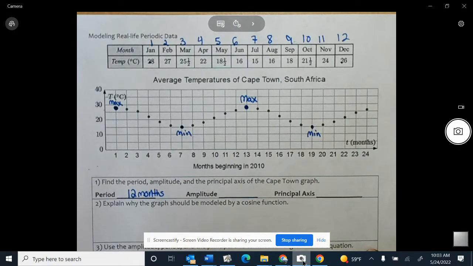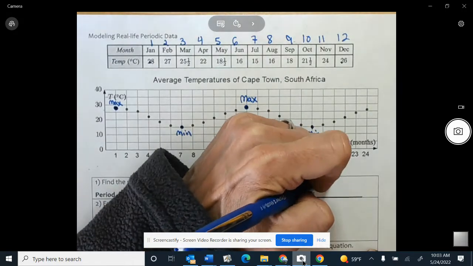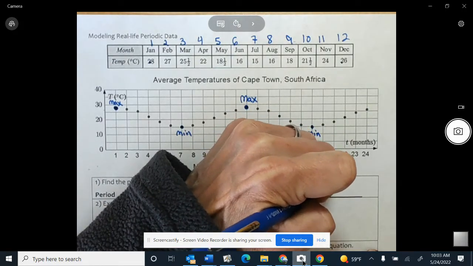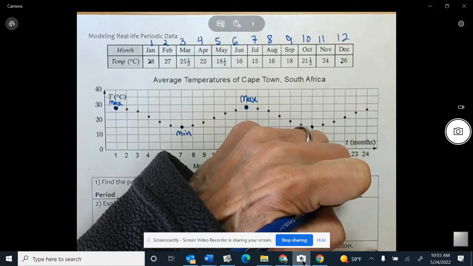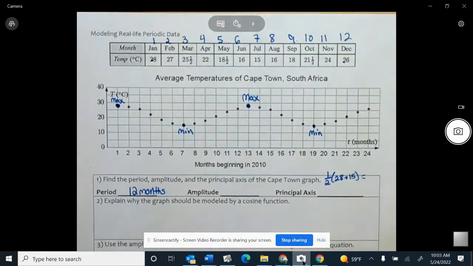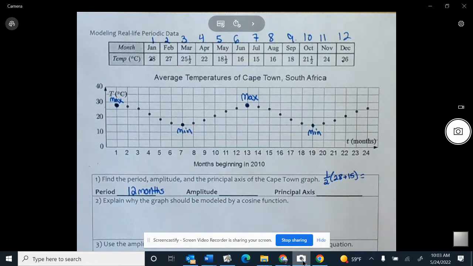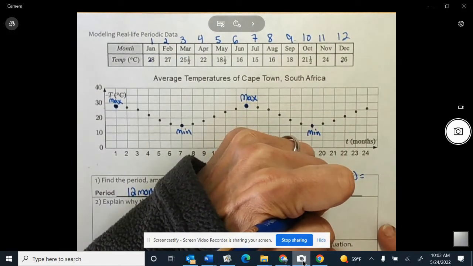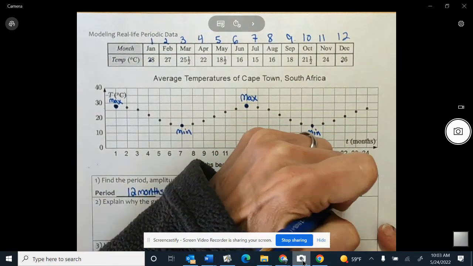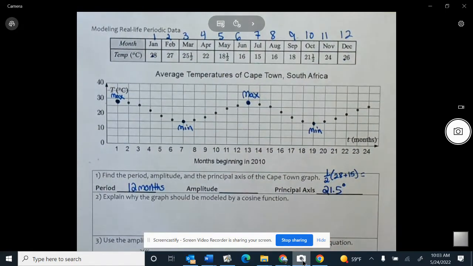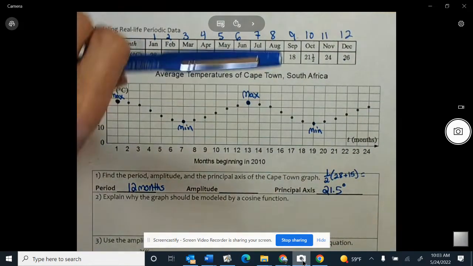So I'm going to use 28 and 15, finding the average of 28 and 15. And when we divide that 43 by 2, we get 21 and a half. And so 21.5 degrees will be our principal axis.